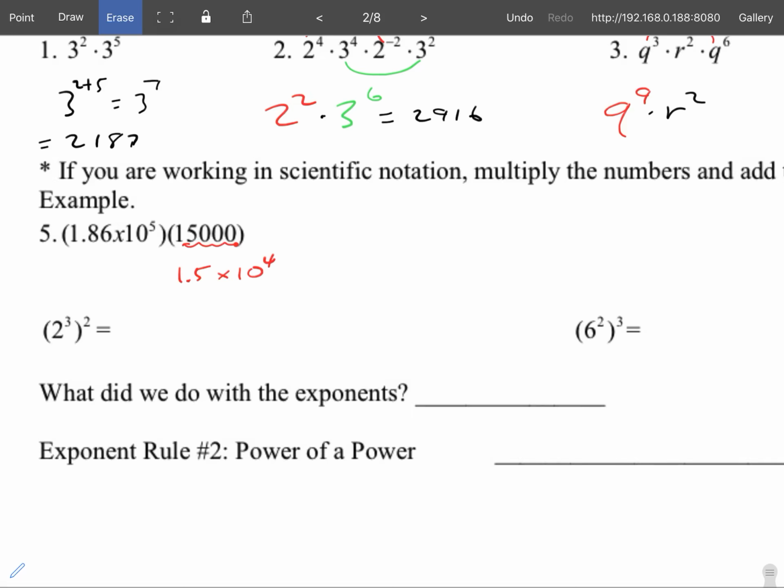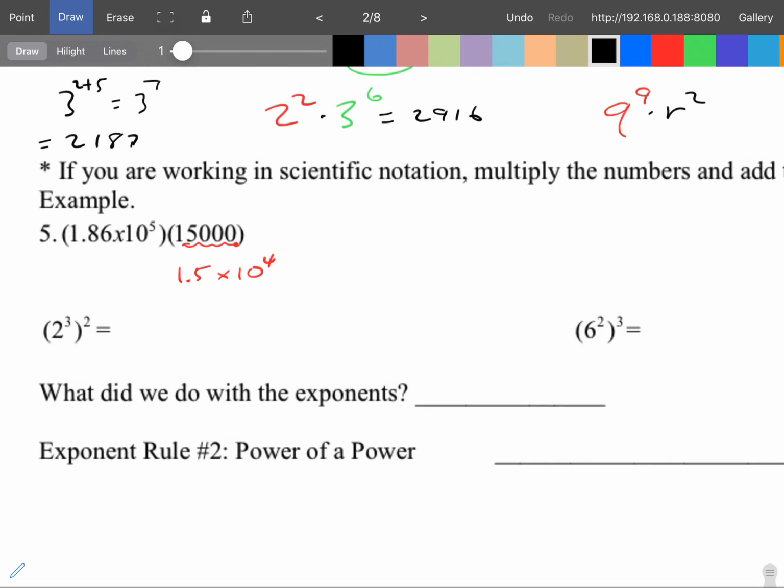Now, let me show you another one. If we had a really small number, like 0.0013, we would still have to move that decimal point so that there's only one digit to the left of the decimal point.